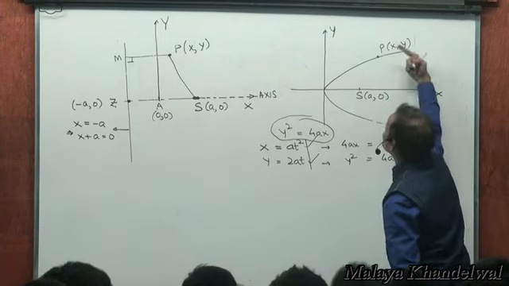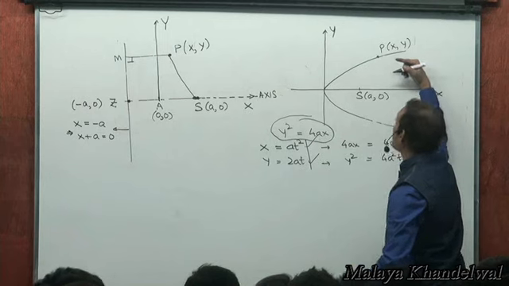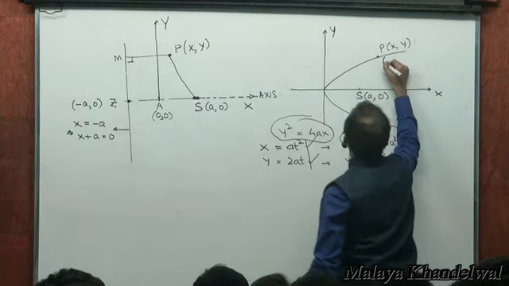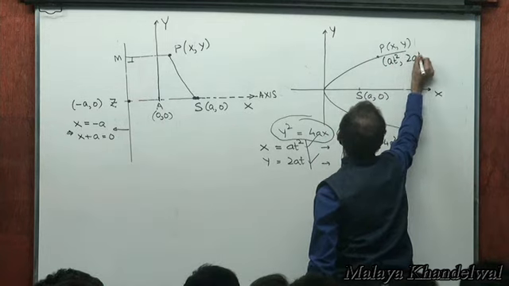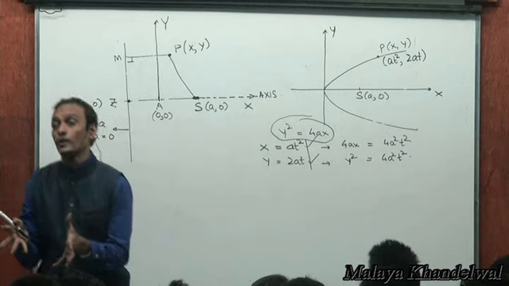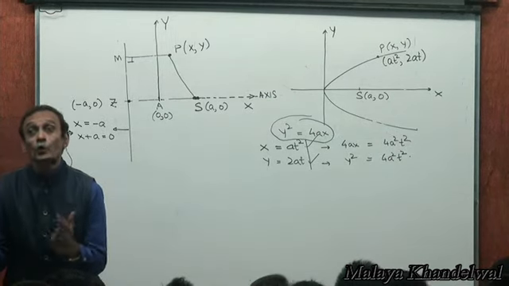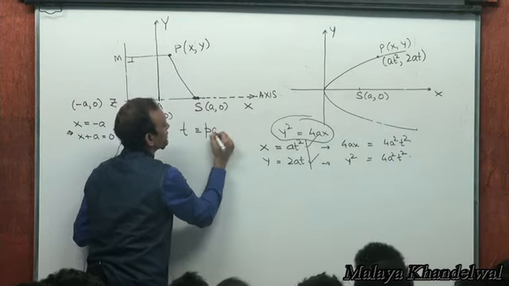Therefore, any point on the parabola could be represented not just by x and y in Cartesian form, but parametrically as x equals at squared, y equals 2at, where t is a parameter.